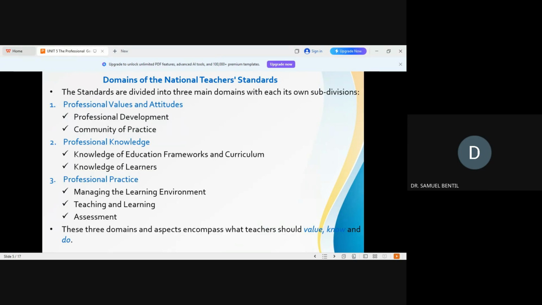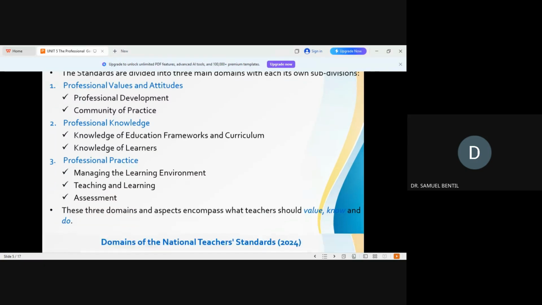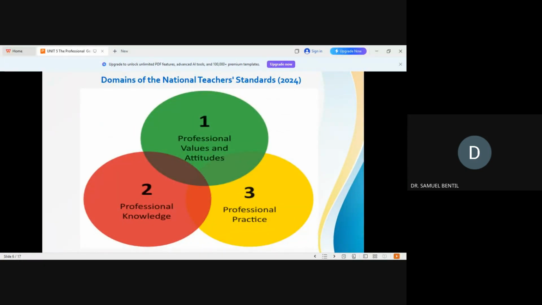So what we're going to do is take them one by one and try to appreciate what underscores each of them, which is very important. So these are the domains so far as the standard is concerned: professional values and attitudes, professional knowledge, and professional practice. They intertwine.